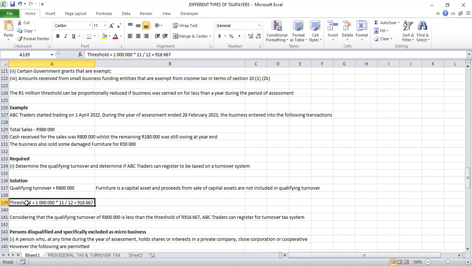So as long as your qualifying turnover that you received is less than the threshold as determined, then you can register as a micro business. The advantage is you pay less tax, as you will see later. So the threshold is 1 million, but if you operate for less than a year, you have to calculate a new threshold.